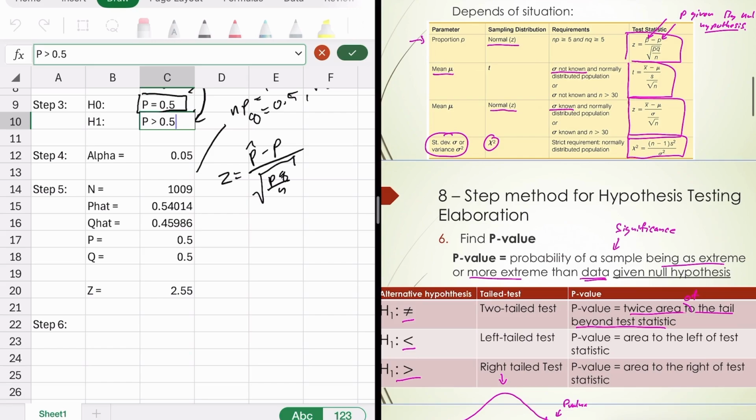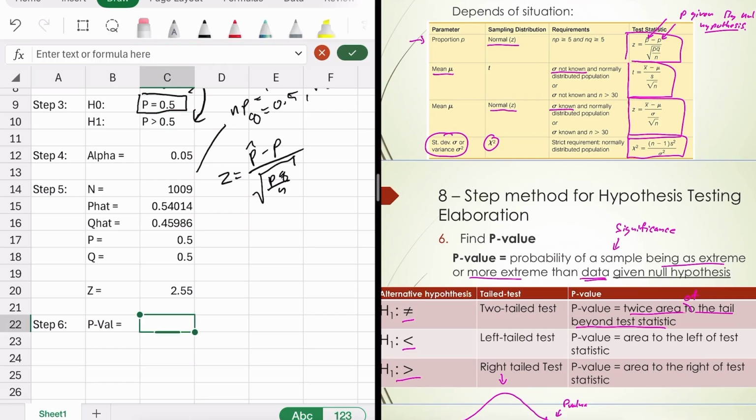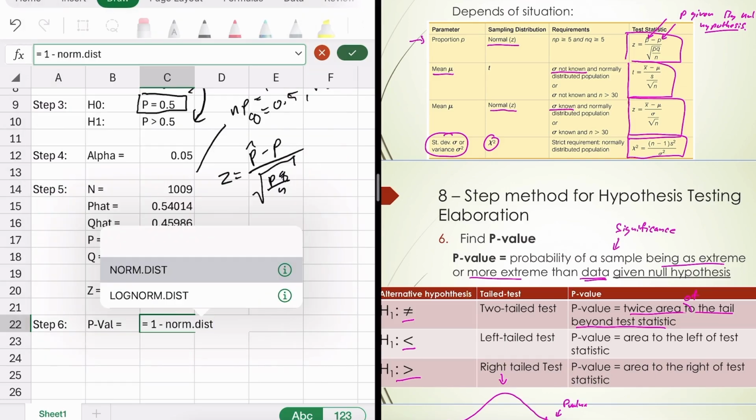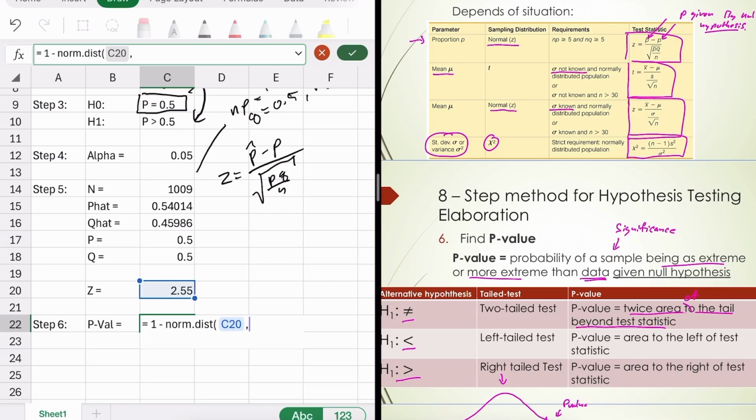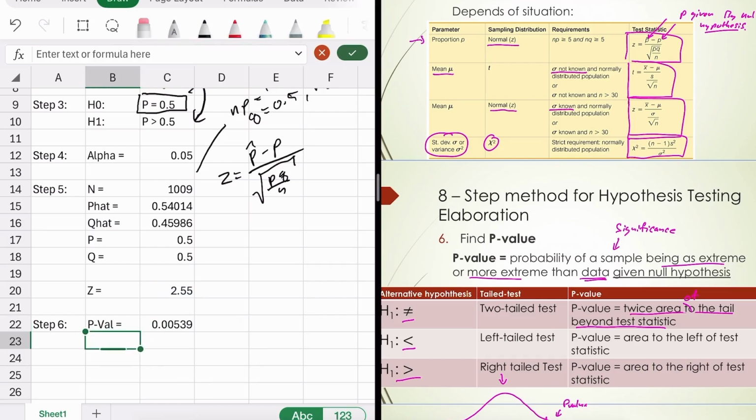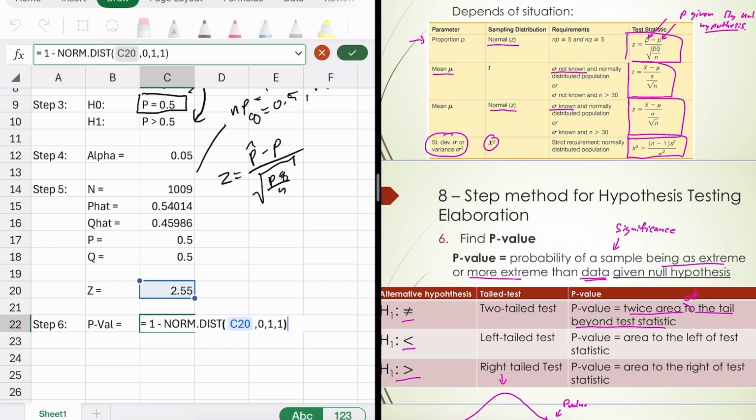All right, so p-val equals, okay, now it's area to the right I'm looking for. So I'm going to go 1 minus norm.dist, my test statistic, comma, it's a z-score. What's the mean and standard deviation of a z-score? Mean is 0, standard deviation 1. Because its area is cumulative, 1. Close parentheses, enter. There's my p-value. So look at that again.